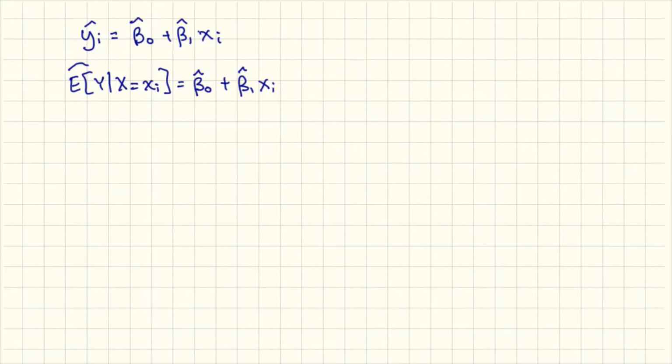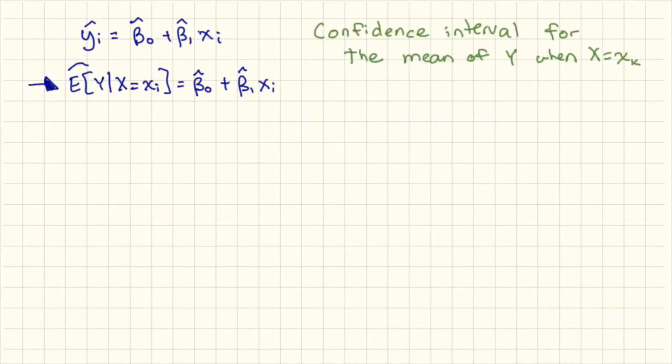In the first one, we're talking about an individual predicted value. In the second one, we're talking about the average of the y's for a given value of x. We'll talk about that one first. So this is going to be making a confidence interval for the mean of y when x is some value x_k.